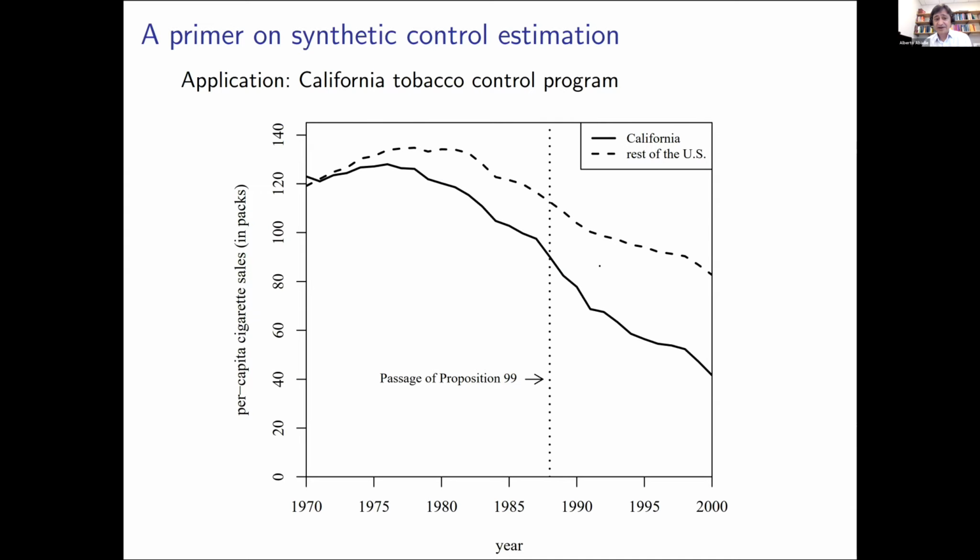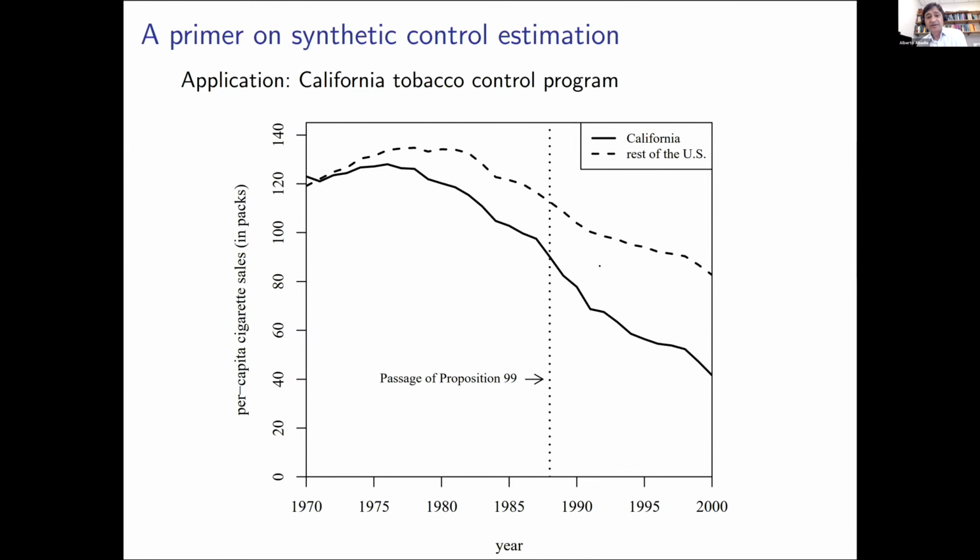What we can see here is the series of per capita cigarette sales in California, before and after the passage of this law, referred to as Proposition 99, and we also have the same series for the rest of the US.